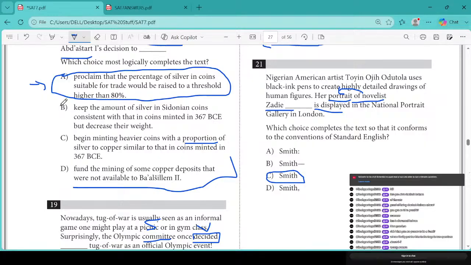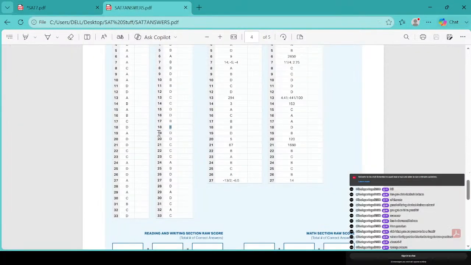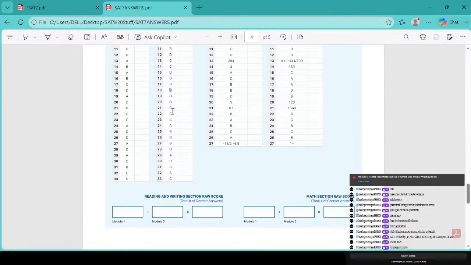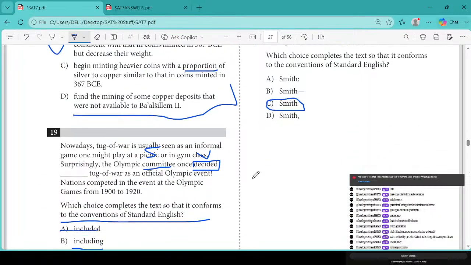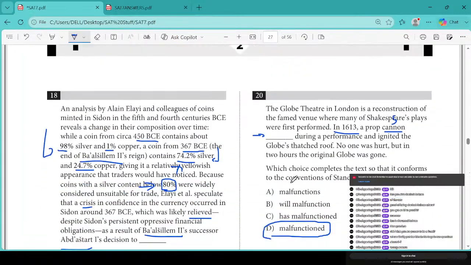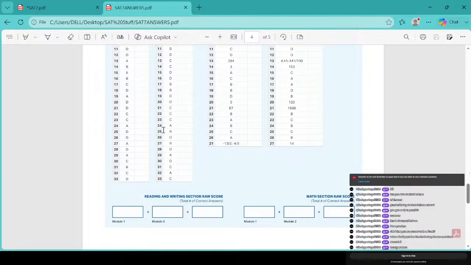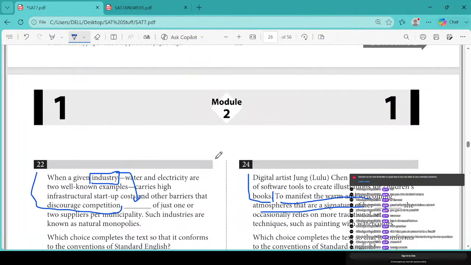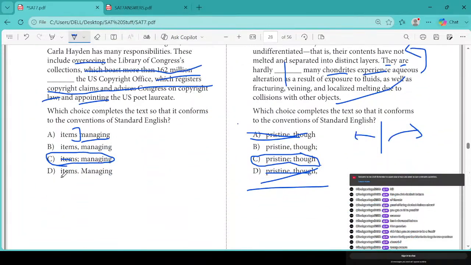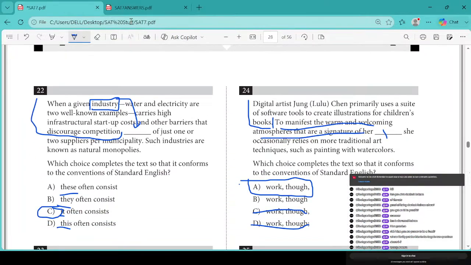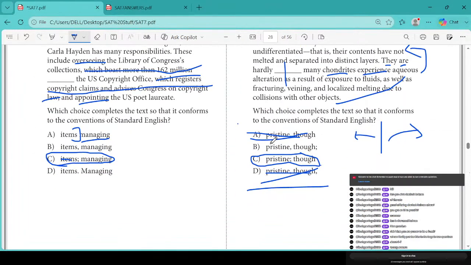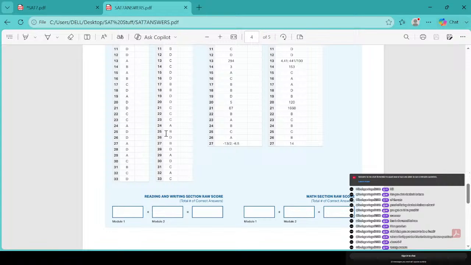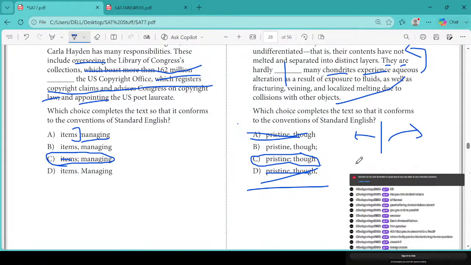Interesting, it's B. I don't even know why it's B. 19 is D. 20 is D. 21 to 23 is C. C and C. Wow. 24 is A. 25 is B. Oh, great.